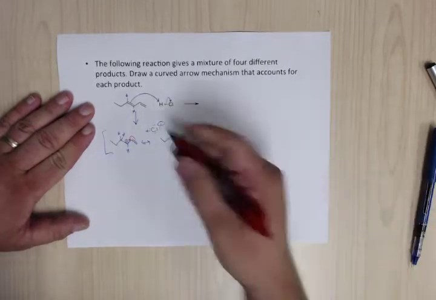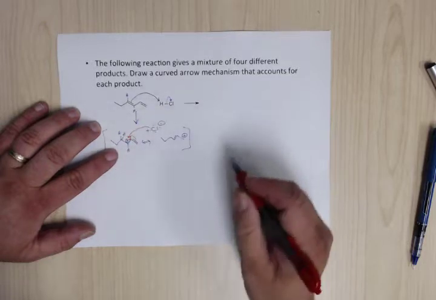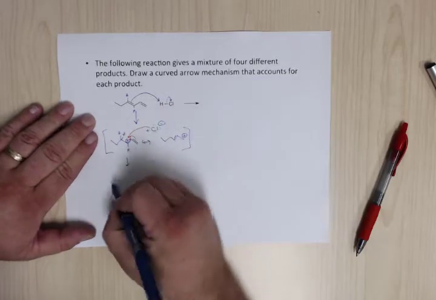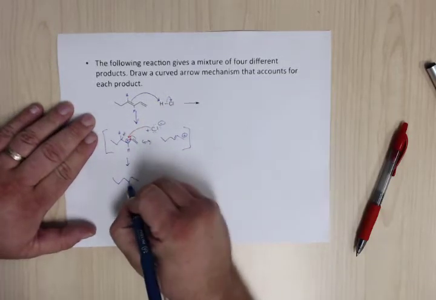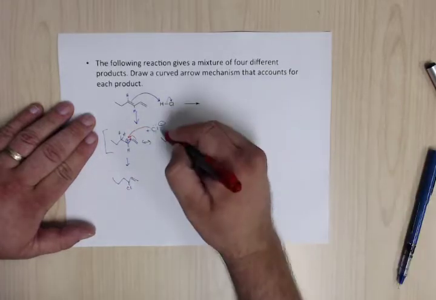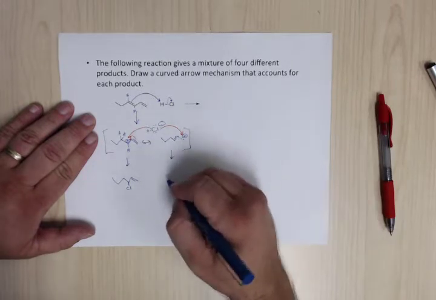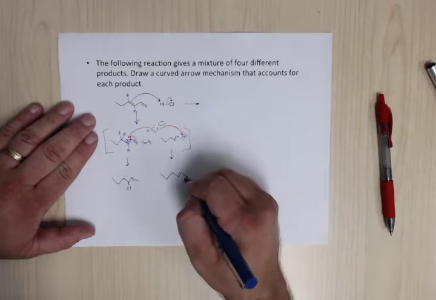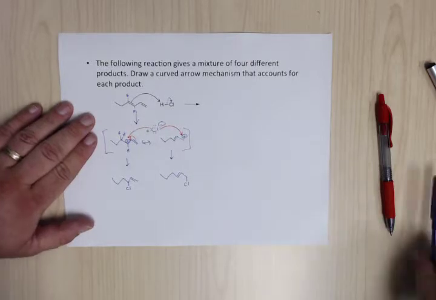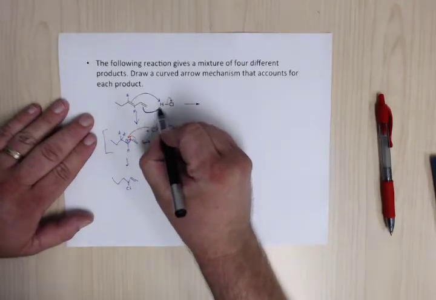If the chlorine sees this resonance structure, it's going to attack there to make this. If it sees this resonance structure, it's going to attack there to make that.